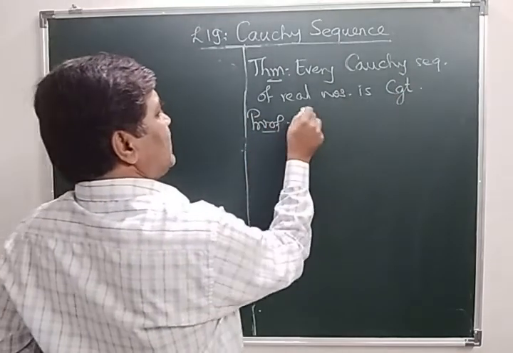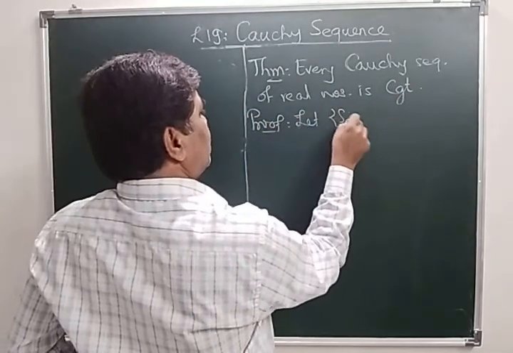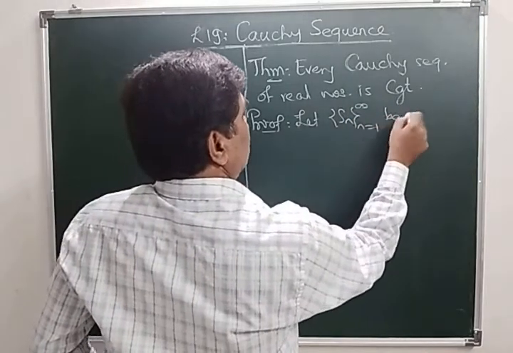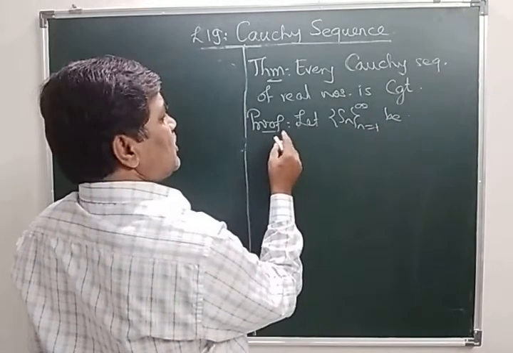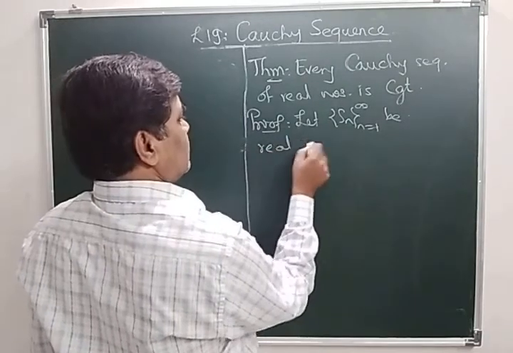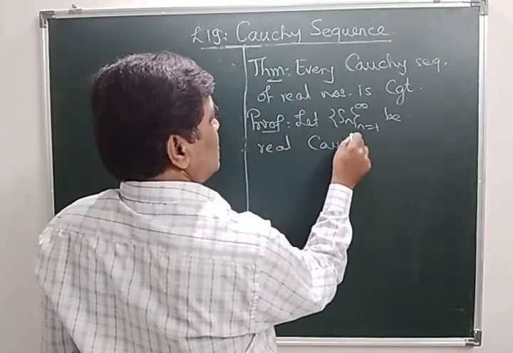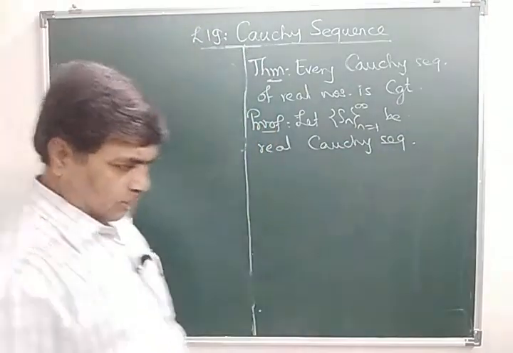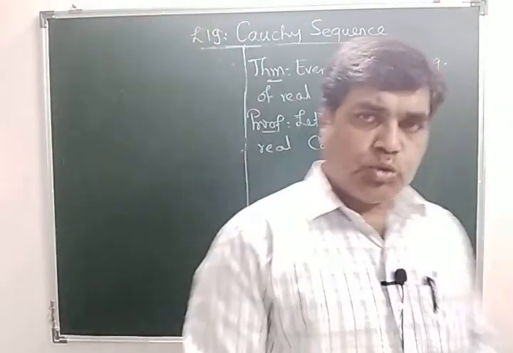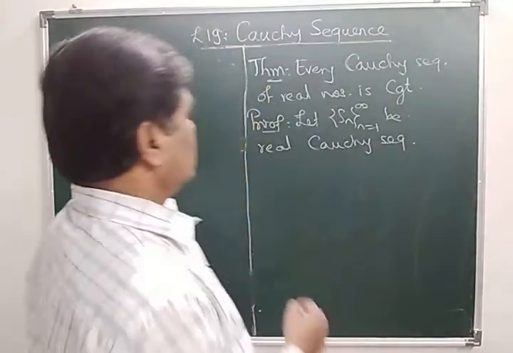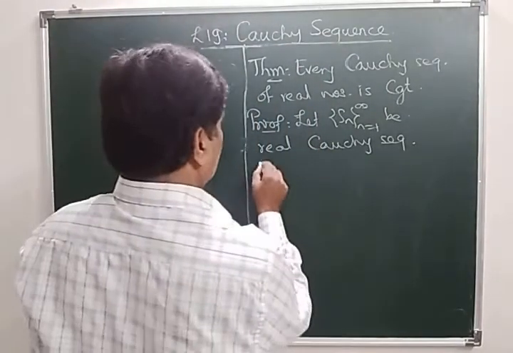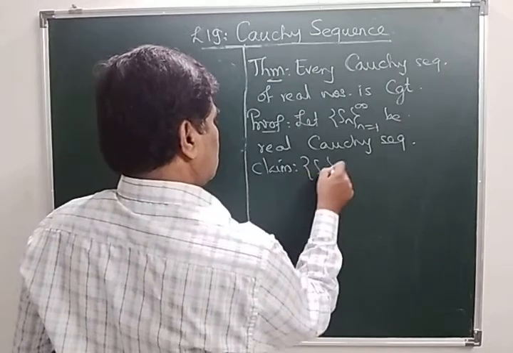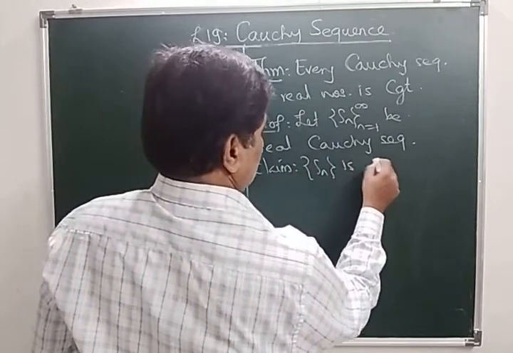So let Sn, n equal to 1 to infinity, be a Cauchy sequence of real numbers. Our aim is to show that it is convergent. Claim: Sn is convergent.